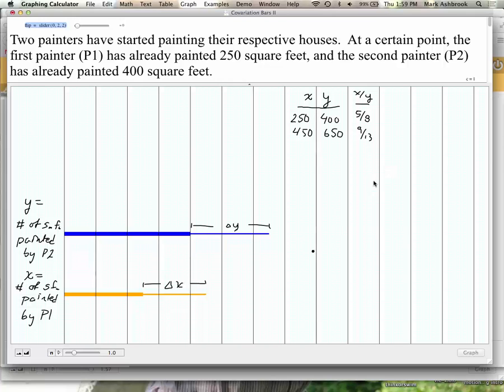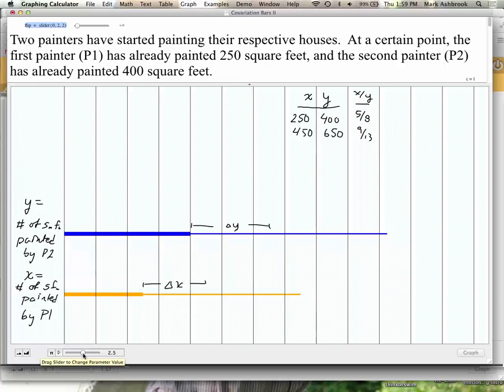Okay, so let's let painter 1 paint 300 more square feet. Let's see how long this takes me this time. Got it. Okay.